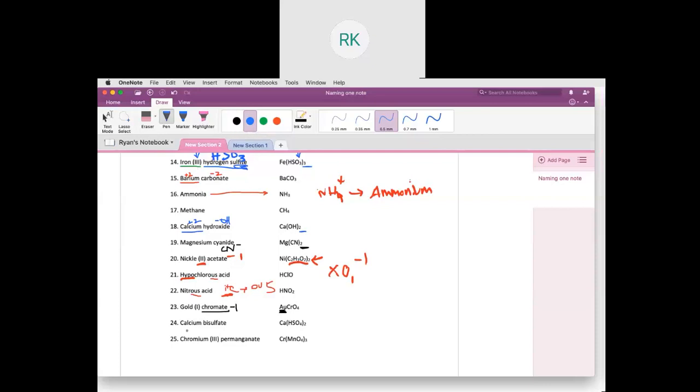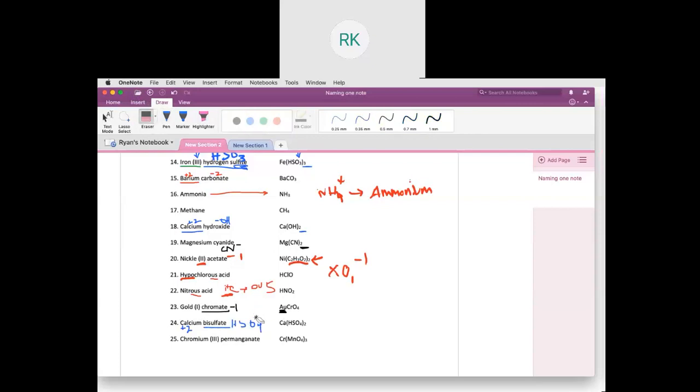Okay. Moving on, calcium bisulfate. Calcium has a positive 2 charge, right? And bisulfate is HSO4, and sorry, that should be a 1. It's a minus 1 charge.